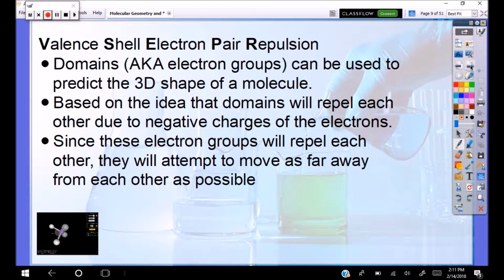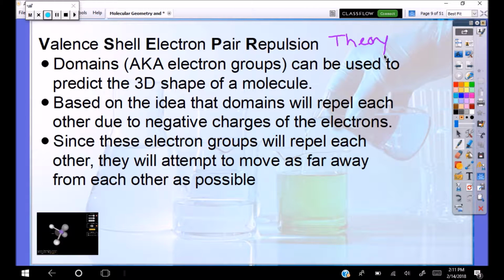Okay, so we have the valence shell electron pair repulsion theory, VSEPR for short. So if we break down what that means, we have electron groups, also referred to as domains, that can be used to predict the 3D shape of our molecule.